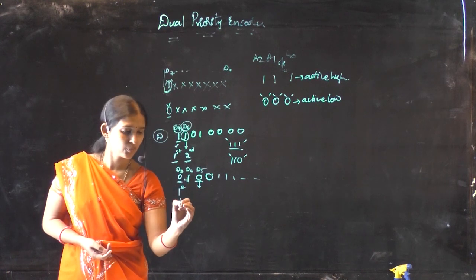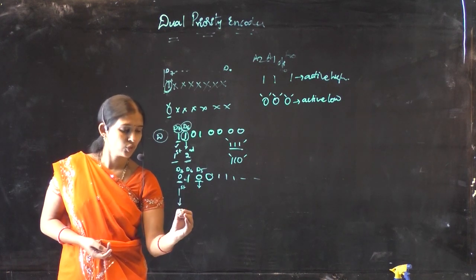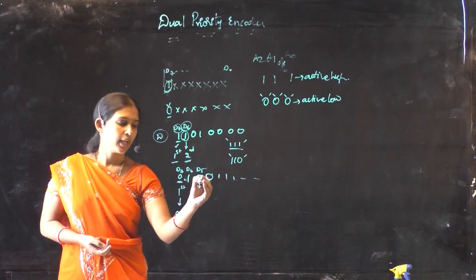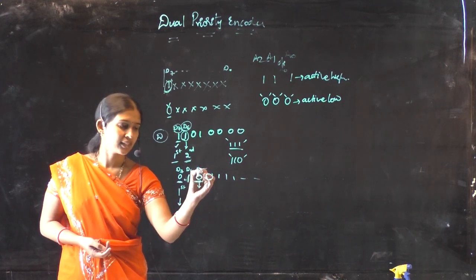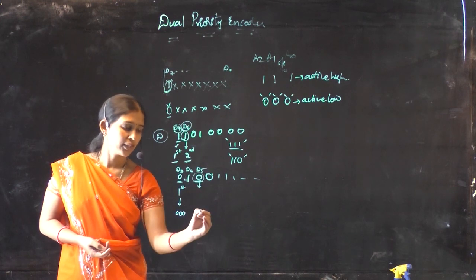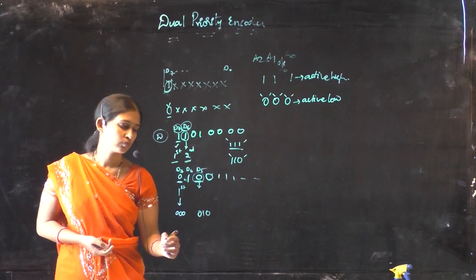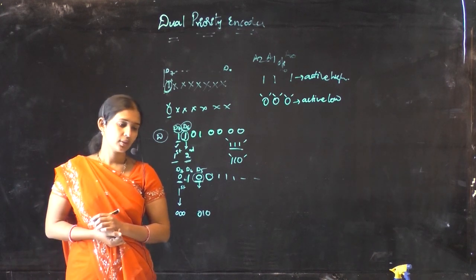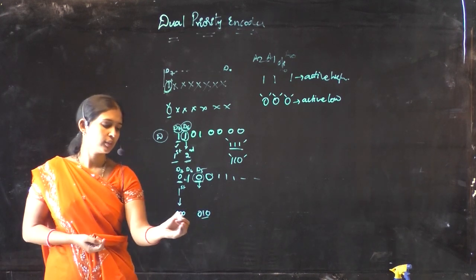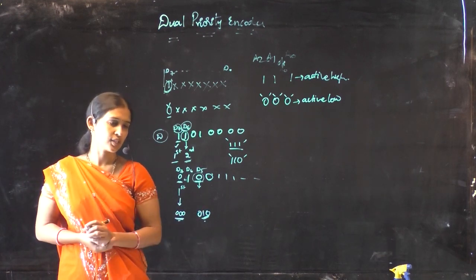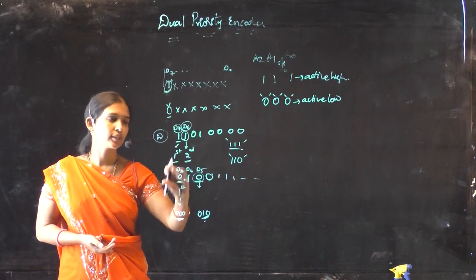D7 is at highest priority, so it will be converted into active low signals, that is 0, 0, 0. The next highest priority is D5, so it will be converted into 0, 1, 0.